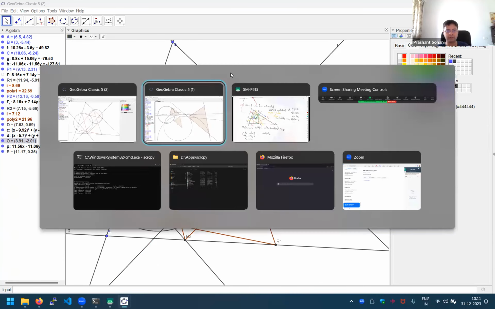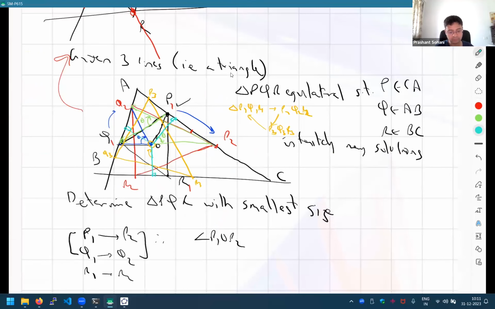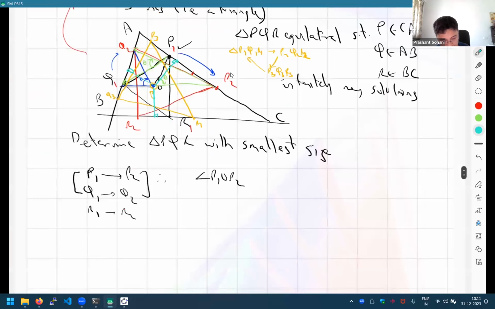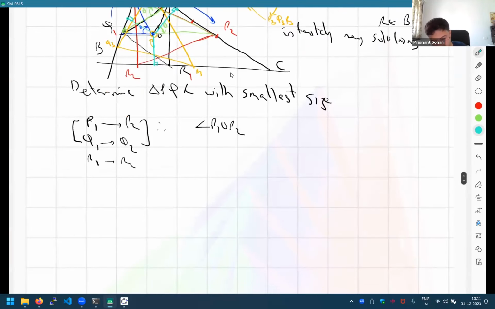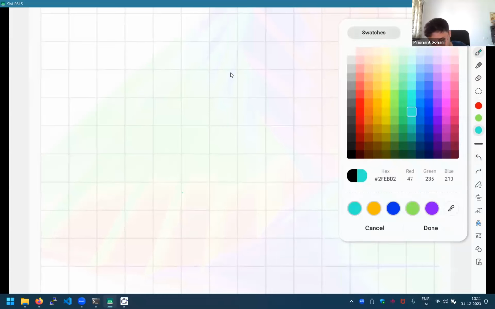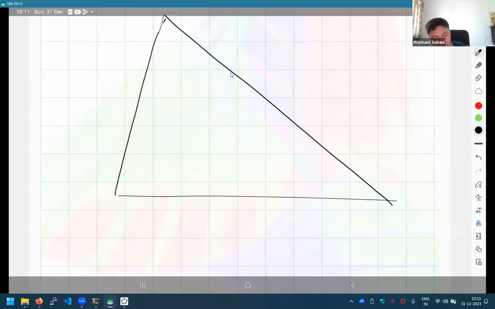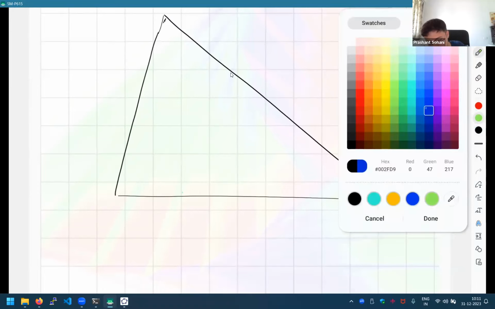Okay, so coming back to the diagram which we have. Let me just clean up the diagram a little bit and let us focus on what we want to prove here. So what we have is we are choosing two points.